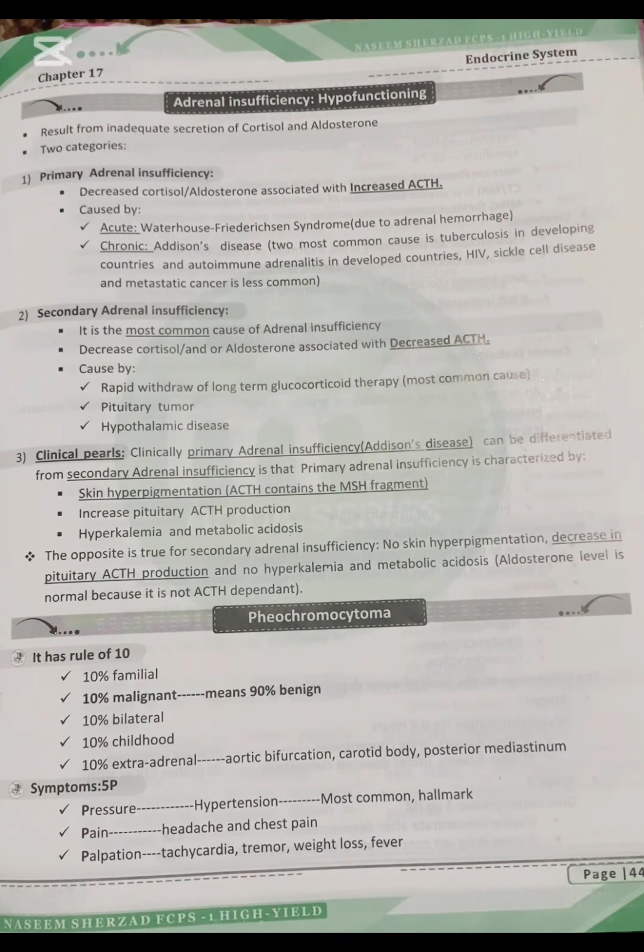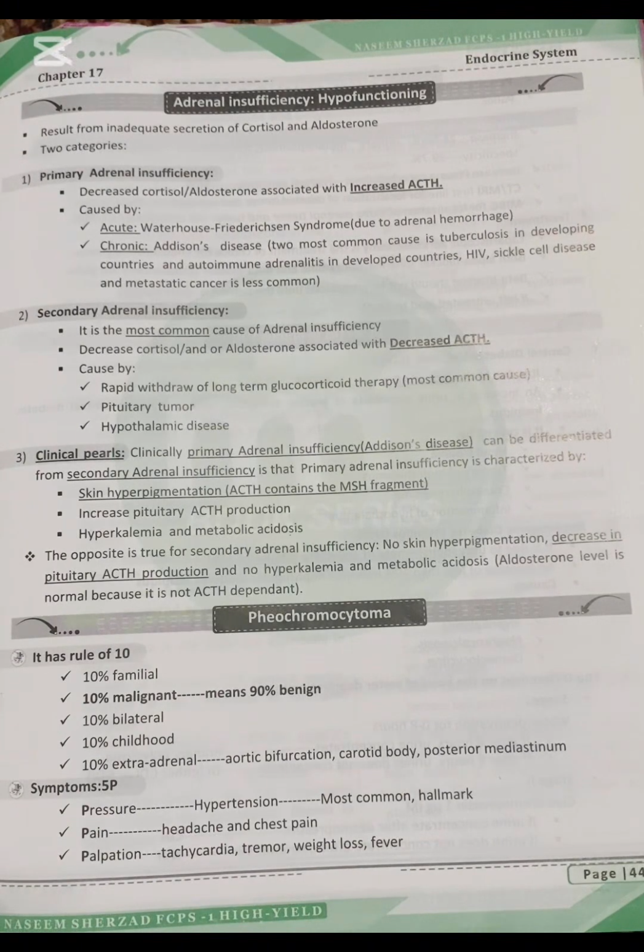It means 90% of pheochromocytoma is a benign tumor. You need to have this very clear in your mind. 10% is bilateral, 10% in childhood, and 10% can be extra-adrenal, meaning the pheochromocytoma can occur in other parts of the body like aortic bifurcation, carotid body, posterior mediastinum.